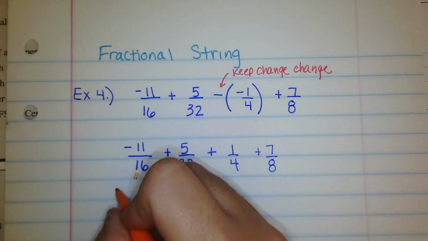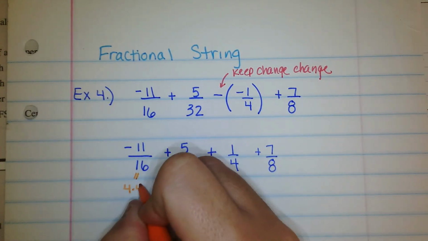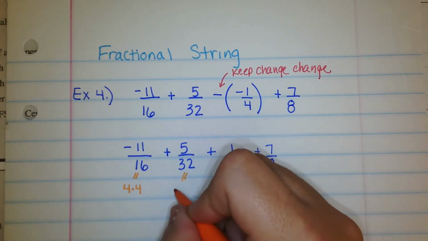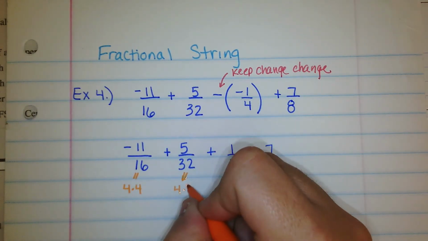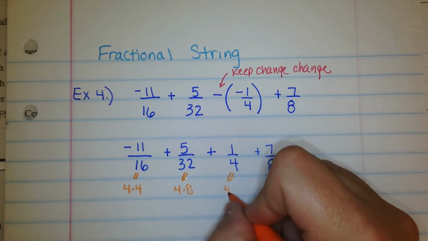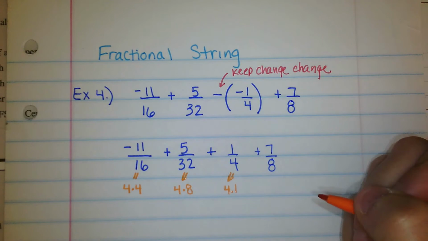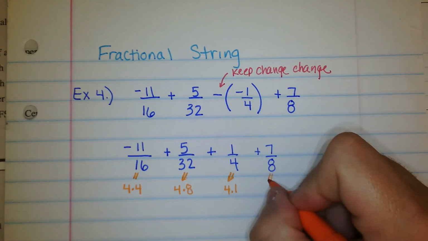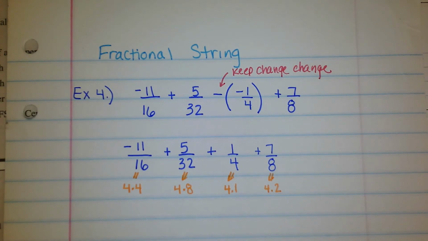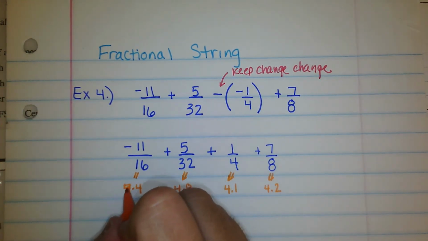So 16 is 4 times 4. 32 is 4 times 8. 4 is 4 times 1. And 8 is 4 times 2. So we're going to cross out all the 4s.